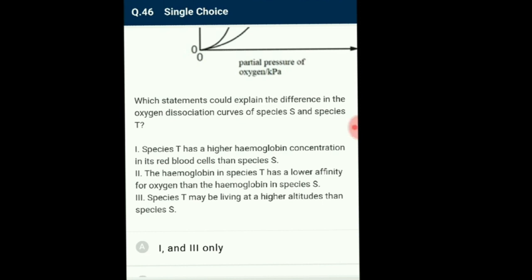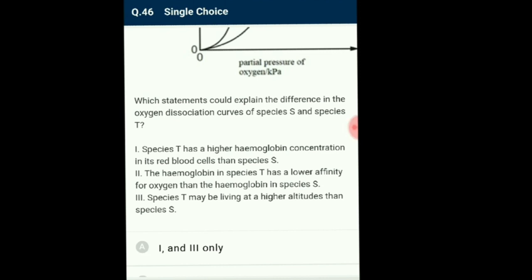Thus, a higher number of molecules bind as oxygen partial pressure increases until the maximum amount that can be bound is reached. The curve on the right, T, indicates that there is an easy dissociation of oxyhemoglobin. This occurs when there is lower affinity between oxygen and hemoglobin.